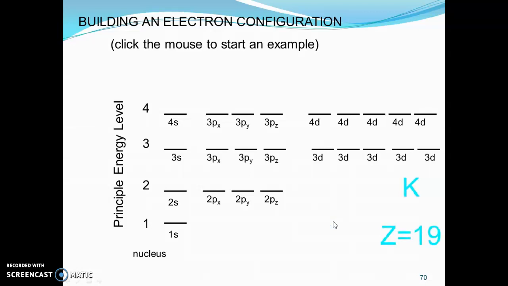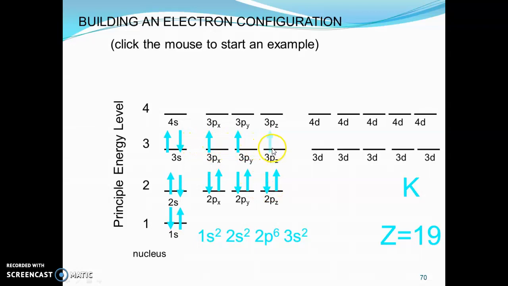All right, potassium. So we've got to get to 19 electrons. Remember, following Hund's rule, we fill in all of the ones within the same sublevel, and then we go back and pair up.